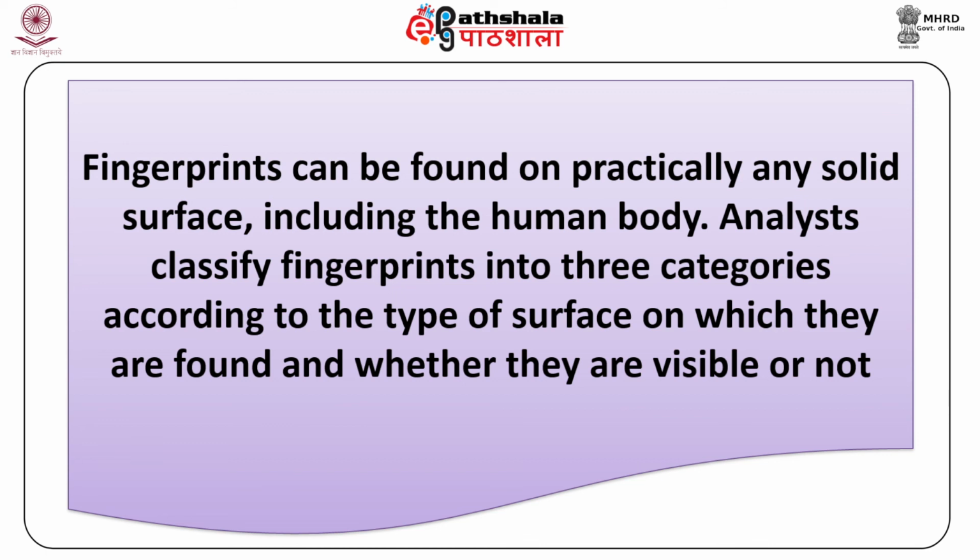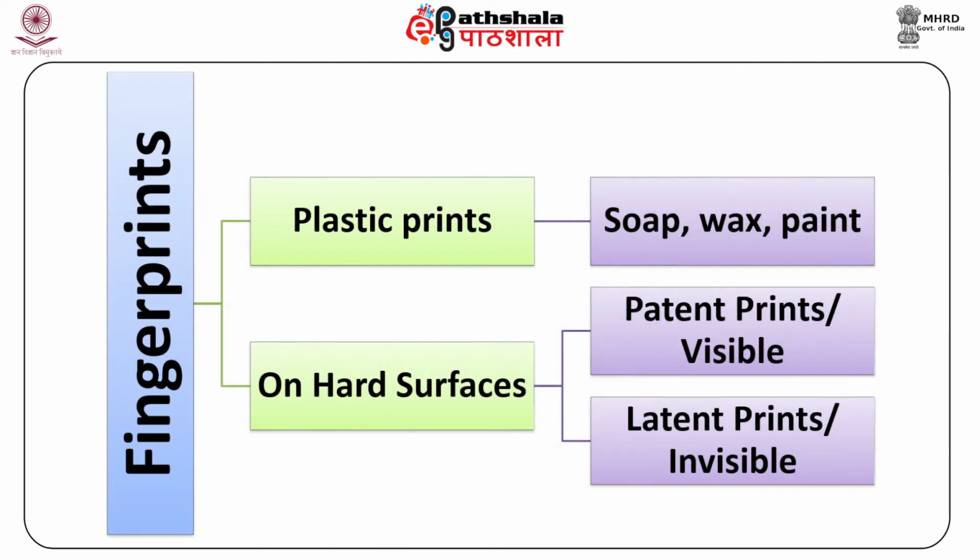Analysts classify fingerprints into three categories according to the type of surface on which they are found and whether they are visible or not. Fingerprints on soft surfaces such as soap, wax, wet paint, etc. are likely to be three-dimensional plastic prints. Those on hard surfaces are patent or latent prints, which are visible and invisible.